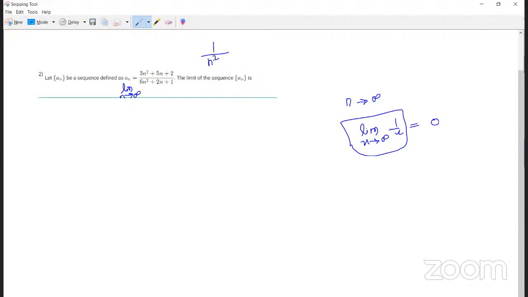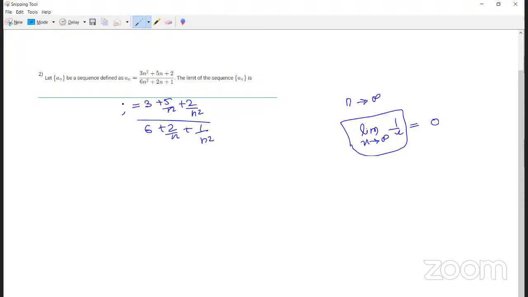It may be n, it may be n square, anything, in the denominator. For doing that, we take n square common. In this case, n square is the highest degree, so we can take n square common. Then I will get 3 plus 5 by n plus 2 by n square upon 6 plus 2 by n plus 1 by n square.